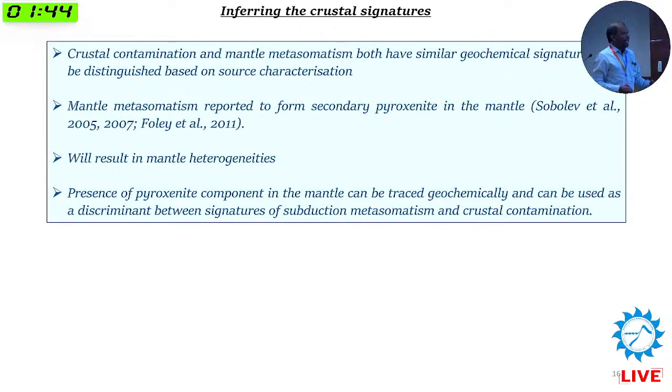The last segment that I want to emphasize here, we have also characterized the trace element composition of the olivine to understand whether the metasomatized mantle has played a significant role or not.